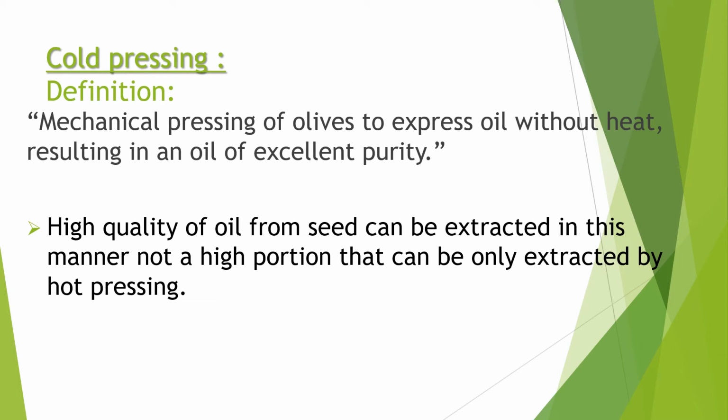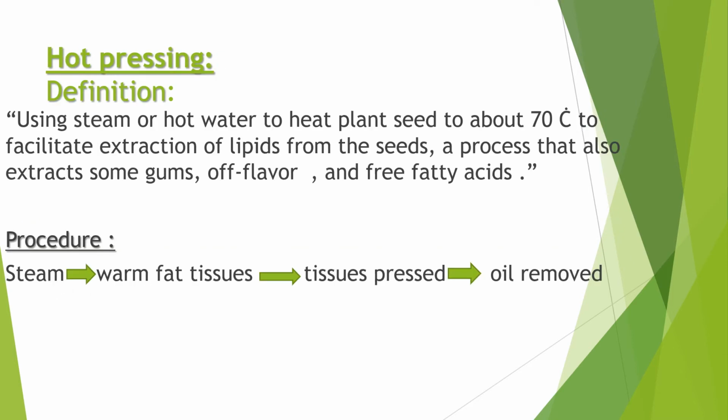Let's see what hot pressing is. It uses steam or hot water to heat plant seeds to about 70 degrees Celsius to facilitate extraction of lipids from the seeds. It is a process that also extracts some gums, off flavors, and free fatty acids. What are gums?